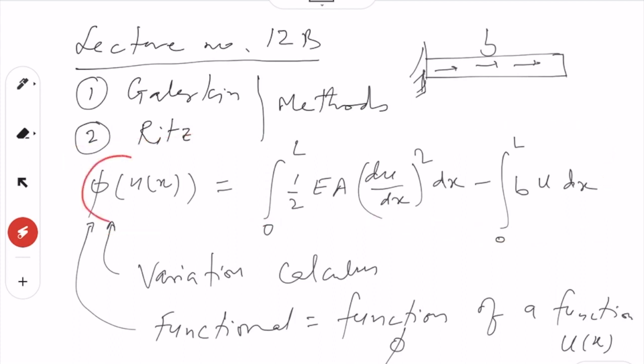When you say it is a functional, then it becomes applicable to all other kinds of problems as well. For example, a heat transfer or diffusion problem can also be written as this functional, and finding the temperature will be just by minimizing this functional, and whatever u minimizes it will be the solution of that heat transfer problem.